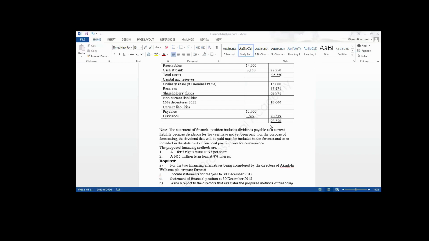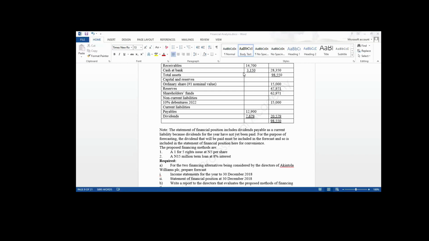Once you are a registered student with your email, the material will come to you automatically. Okay.